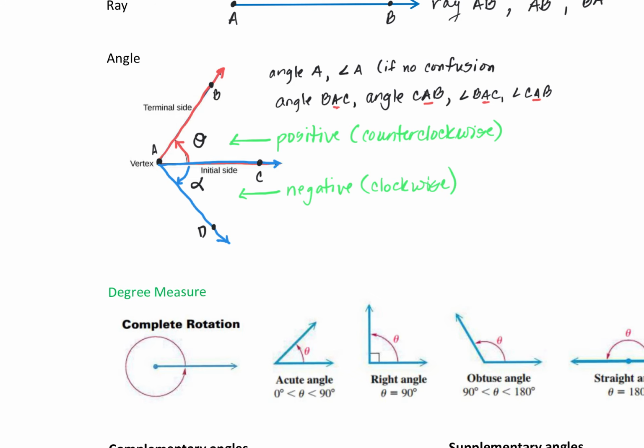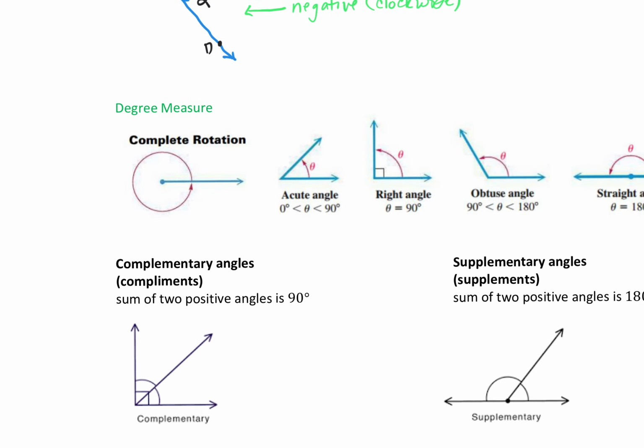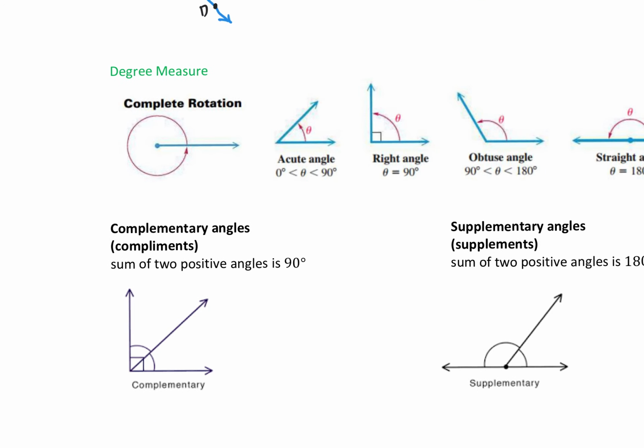So let's move on to measurements of angles. There are two ways that we measure angles. The first one that we're going to talk about is a degree measure. If you have some angle where you have an initial side and then you form your angle by going all the way around, and then your terminal side ends up being the same as your initial side, we say that we've gone a complete rotation.